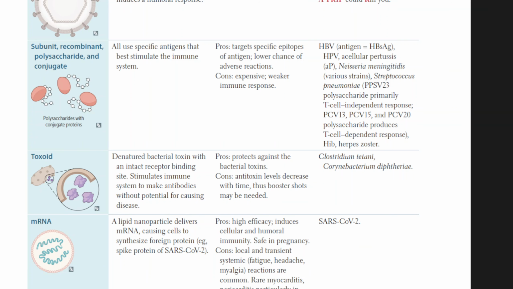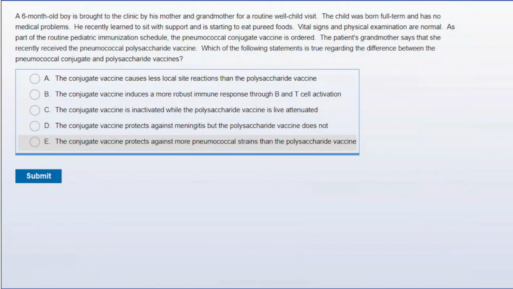Let's see a question now about this. A 6-month-old boy is brought to the clinic by his mother and grandmother for a routine well-child visit. The child was born full-term and has no medical problems. He recently learned to sit with support and is starting to eat pureed food.